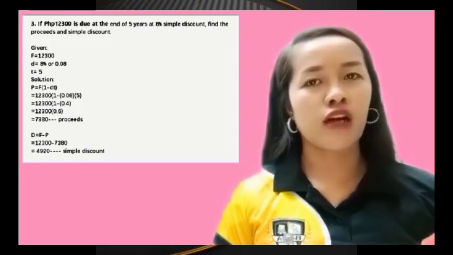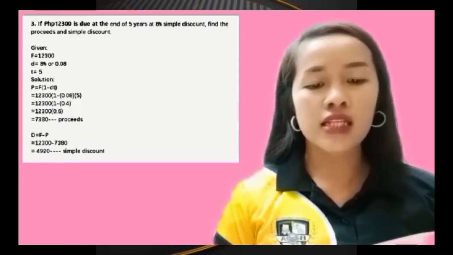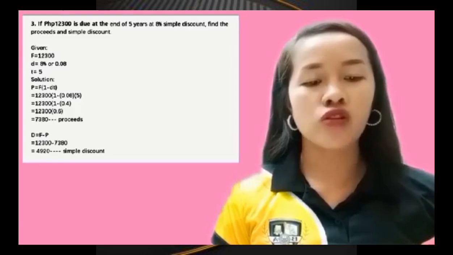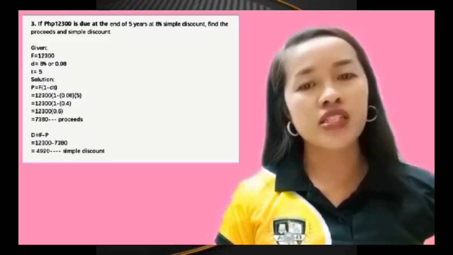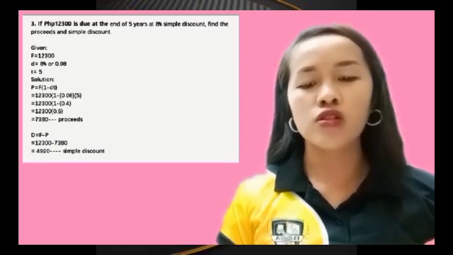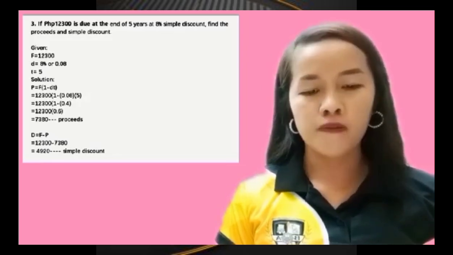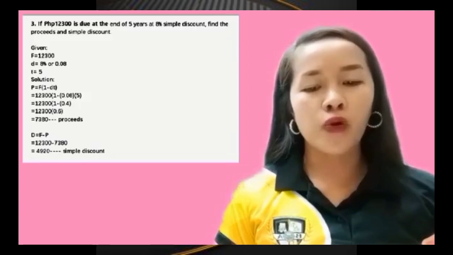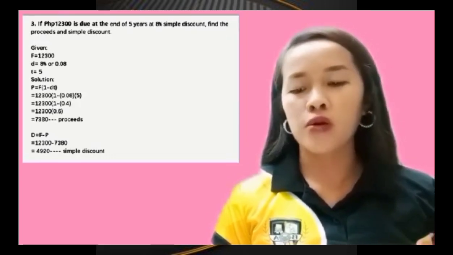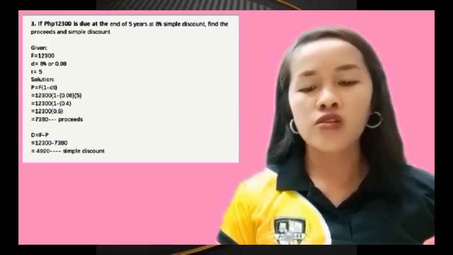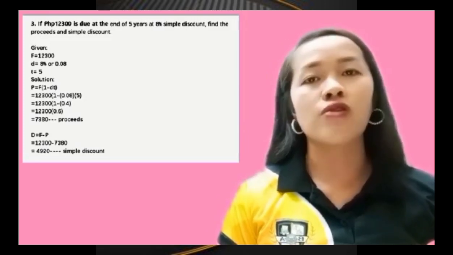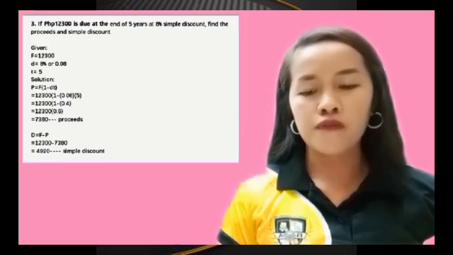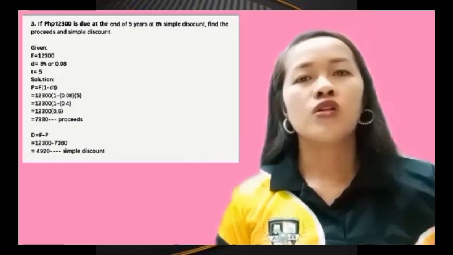Substitute lang natin yung values. 12,300 times 1 minus 0.08 times 5. So 0.08 times 5 is equal to 0.4. 1 minus 0.4 is equal to 0.6. Then 12,300 times 0.6 is equal to 7,380 for the proceeds. So nakuha na natin yung isa.